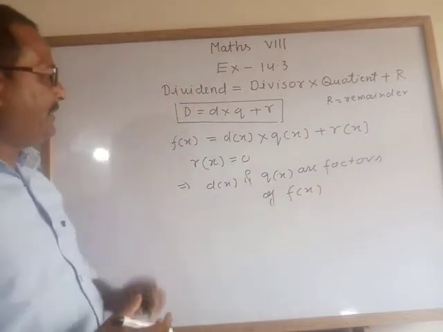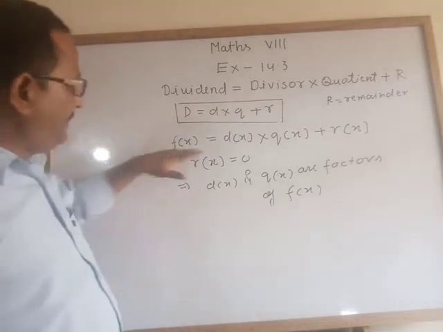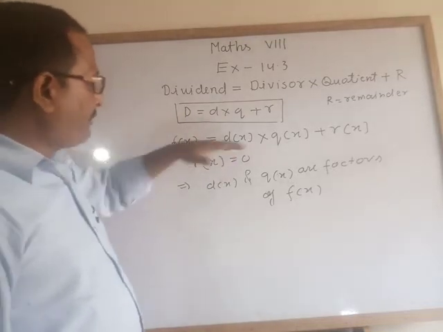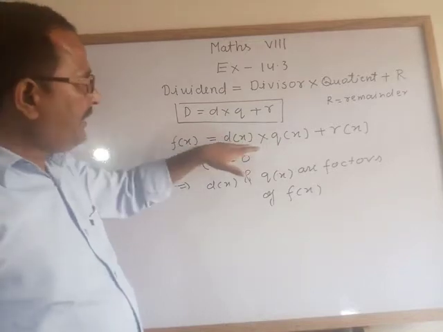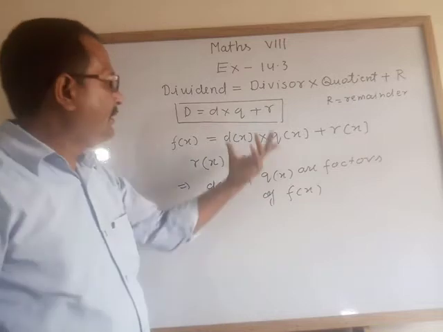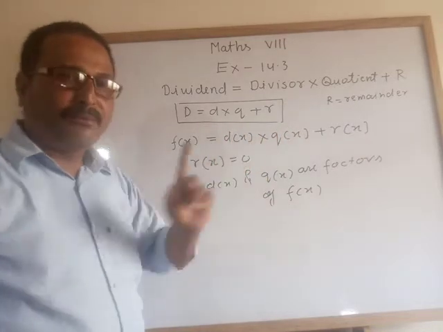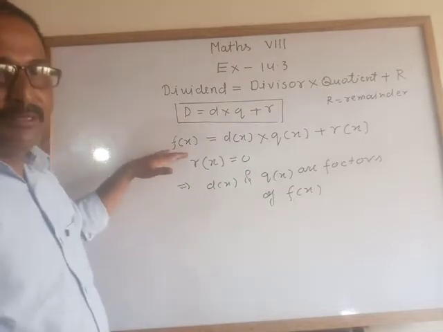Examples are given. On the basis of that, if any polynomial is divided by another polynomial and the remainder comes 0, it means both quotient and divisor are factors of the given polynomial.